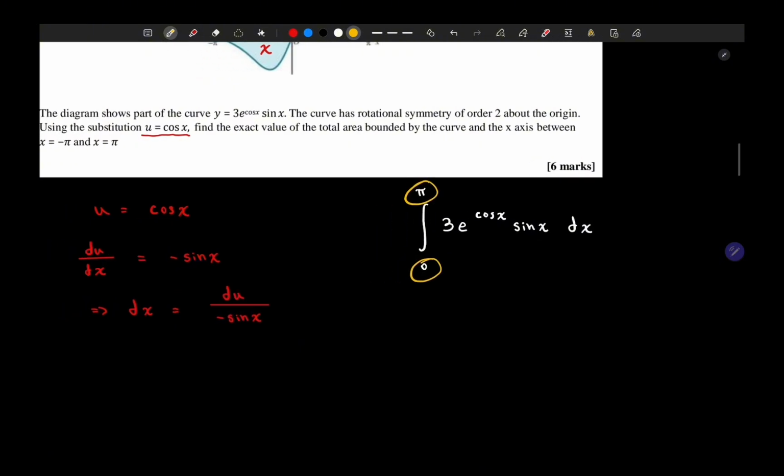When the value of x is pi, the value of u is minus 1. Oh wait, when the value of x is 0, the value of u is 1. Not 0, it's 1.